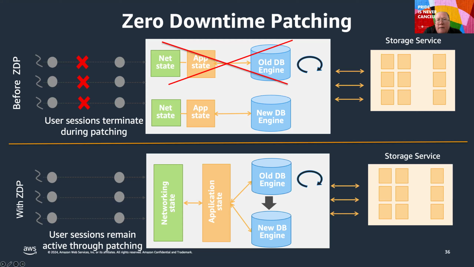It is also very dependent on which version of compatible MySQL or Postgres you're using with Amazon Aurora. So ZDP is available in Aurora with MySQL 1.13, and it's compatible with MySQL 5.6 and later. So there are certain things that are not compatible with zero downtime patching. So zero downtime patching might pop up in the exam.